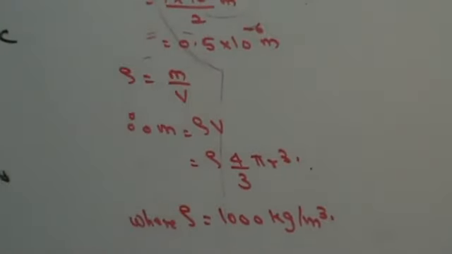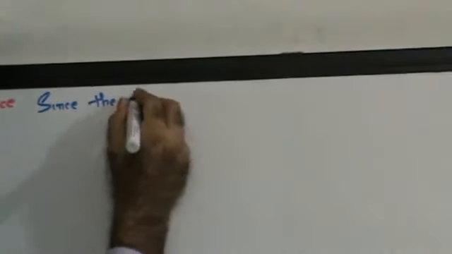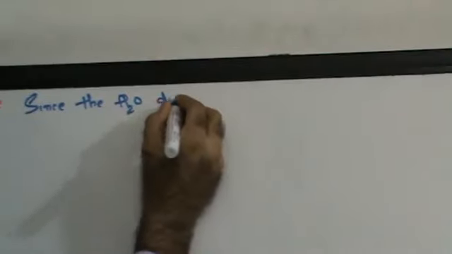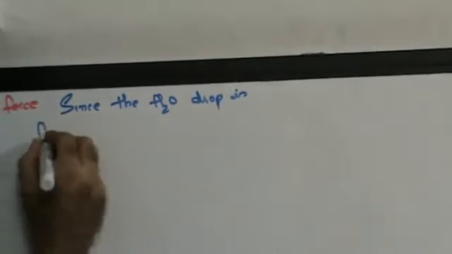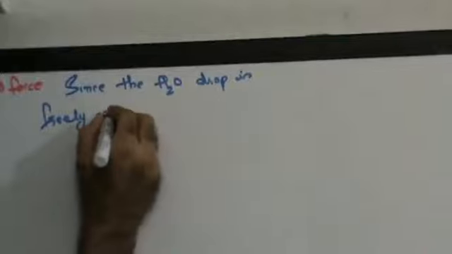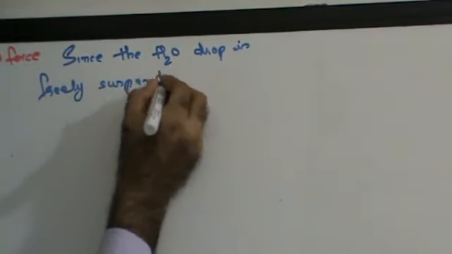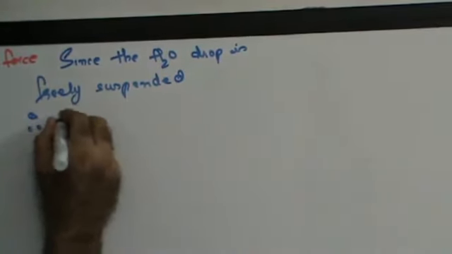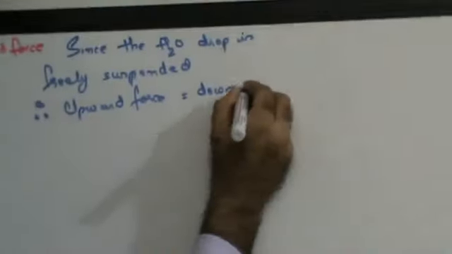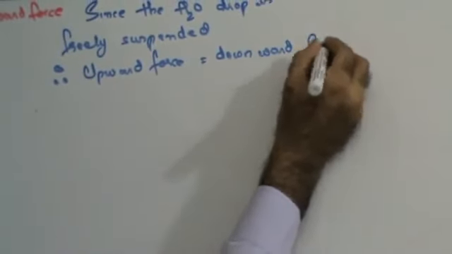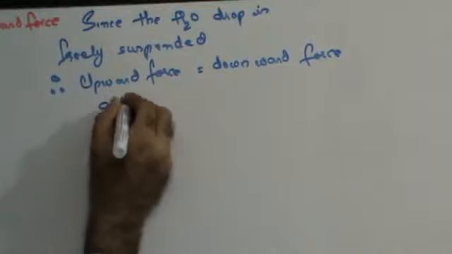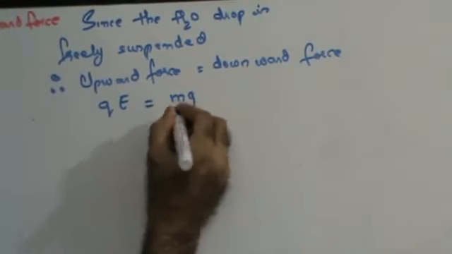Now, since the water drop is freely suspended, therefore I can say that upward force is going to be equal to downward force. Upward force is QE, downward force is mg.